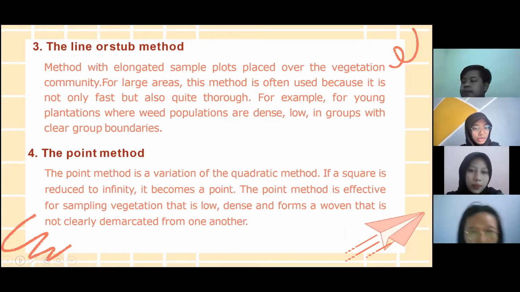Four, the point method. The point method is a variation of the quadrat method. If a square is reduced to infinity, it becomes a point. The point method is effective for sampling vegetation that is low, dense, and not clearly demarcated from one another.